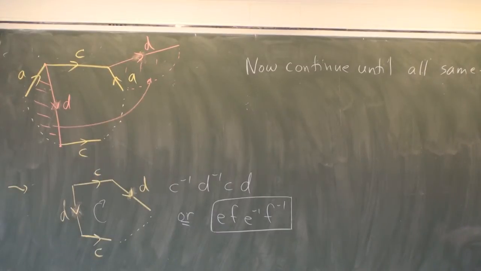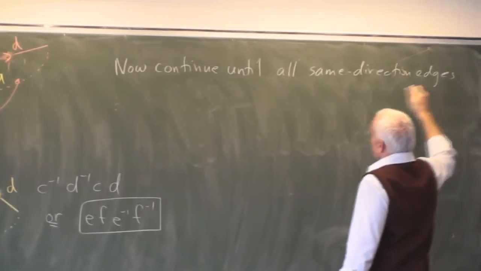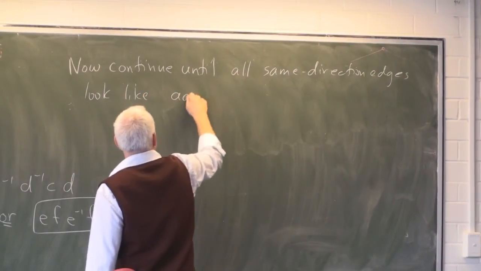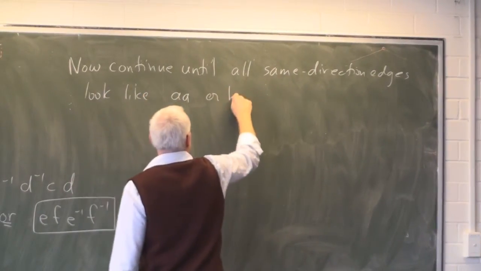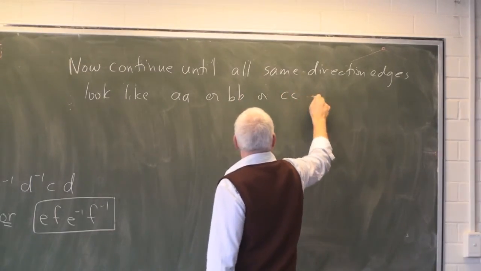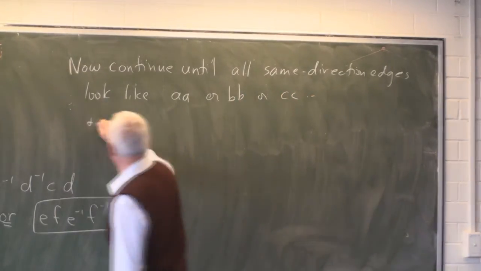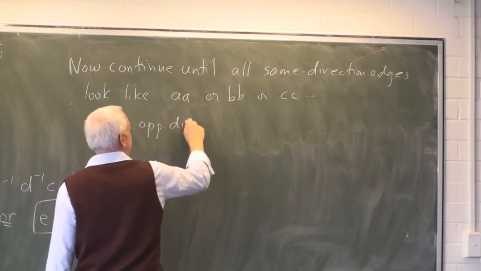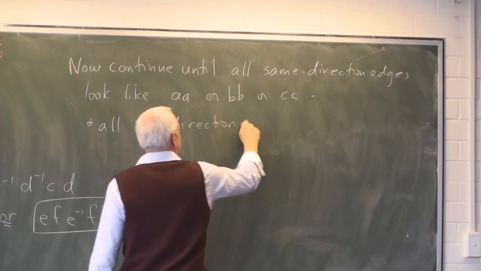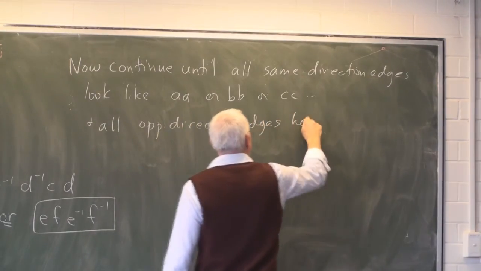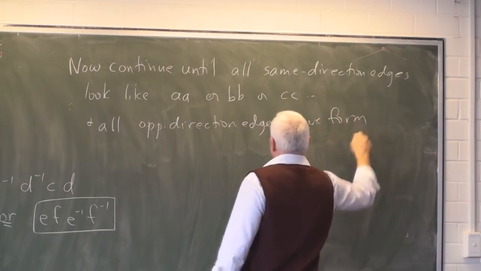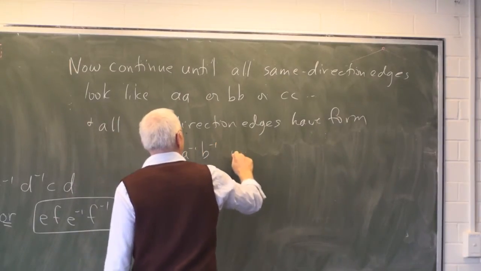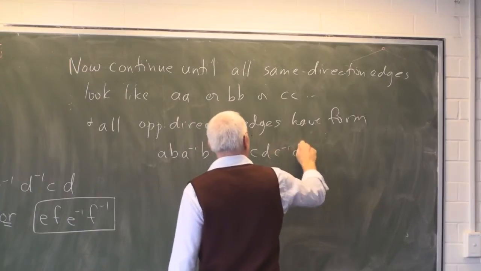direction edges look like AA pairs, AA or BB or CC, and all the opposite directed edges have form A, B, A inverse, B inverse, or C, D, C inverse, D inverse.